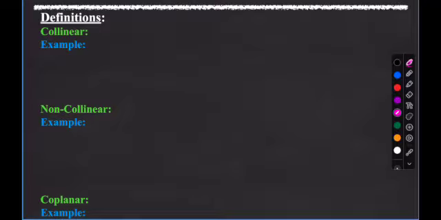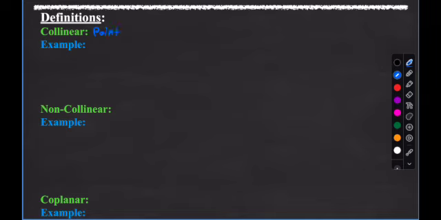Okay, collinear. Let's break that word apart a little bit. Linear. What does linear mean? Well, linear means a straight line, right? Linear means to be on a straight line. Collinear means that we have points that are all on this line. Okay, so we are going to say collinear points.